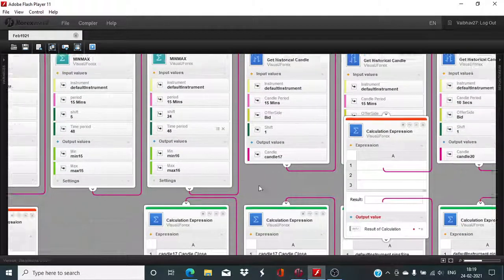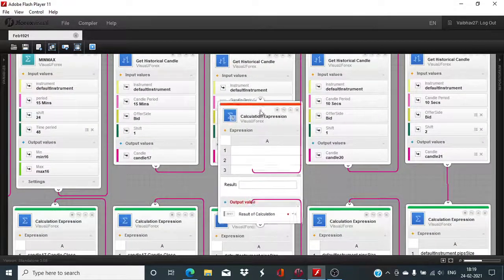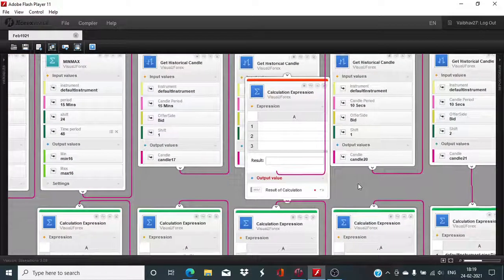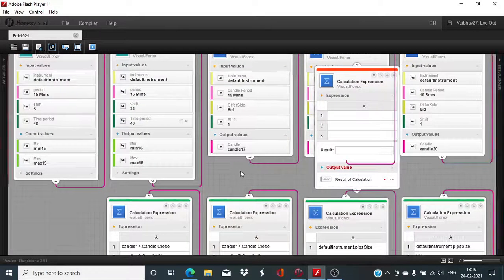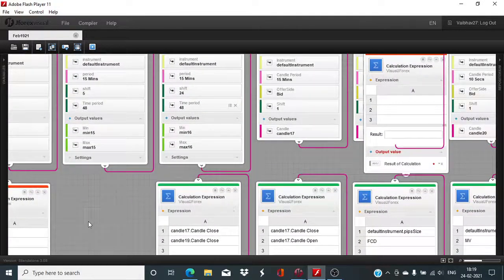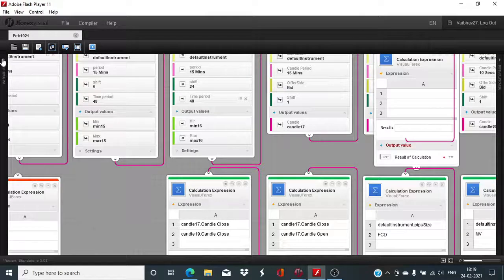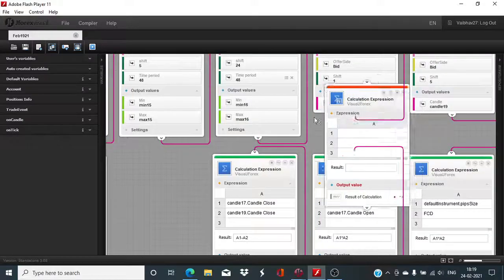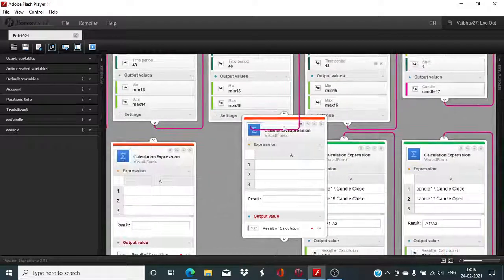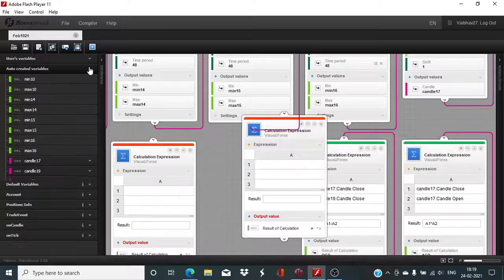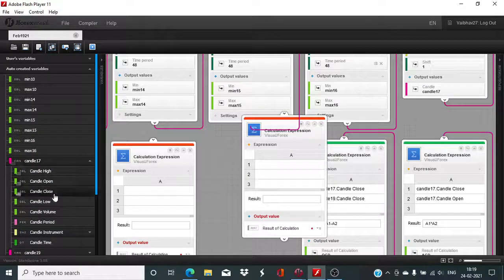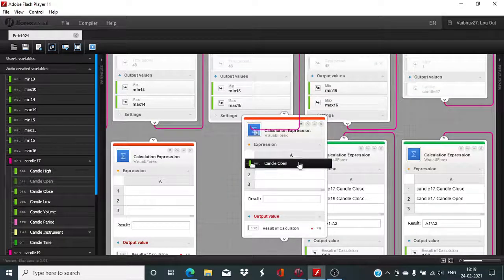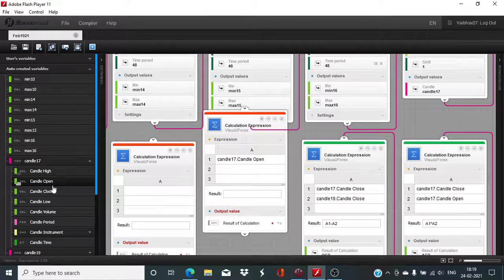There is a calculation expression which we will use to look at the difference of the opening value and the closing value for candle 17, and its closing value needs to be lower than the opening value. For that I will do the subtraction. Auto created variable candle 17 candle open and close.